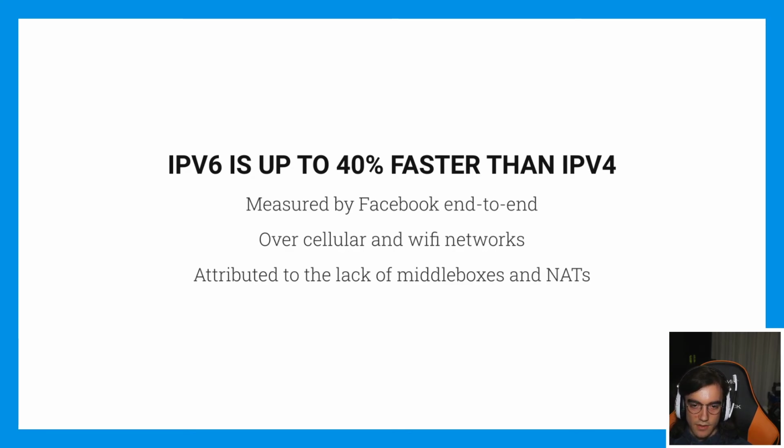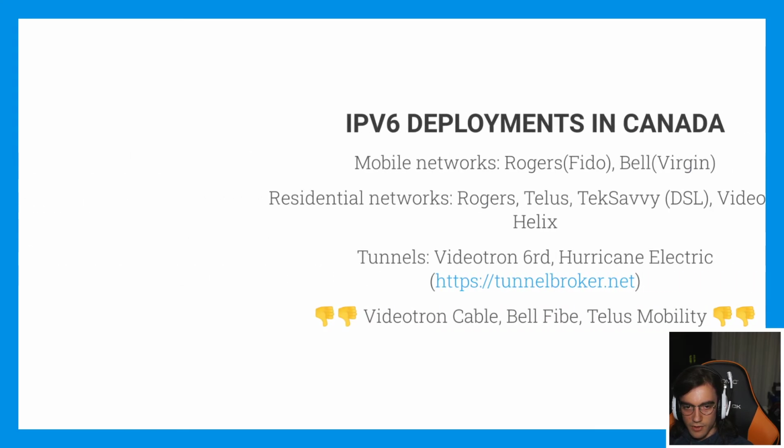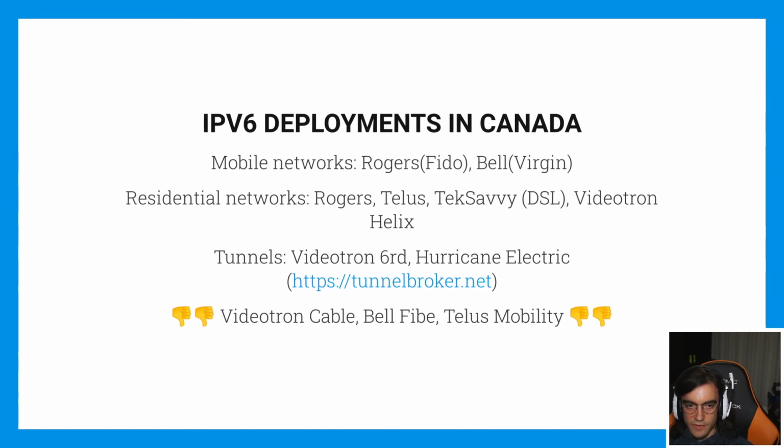All these NATs that you go through add extra processing and latency to your traffic, and by using IPv6 and not having to go through those, you end up with a quicker path between your end device and the servers on the other end, which I think is a huge win. So because IPv6 is so widely deployed in mobile networks, it's great for companies like Facebook because the traffic gets less mangled.